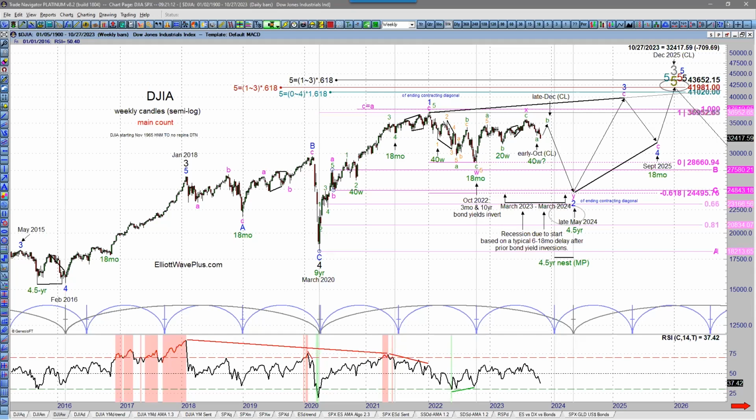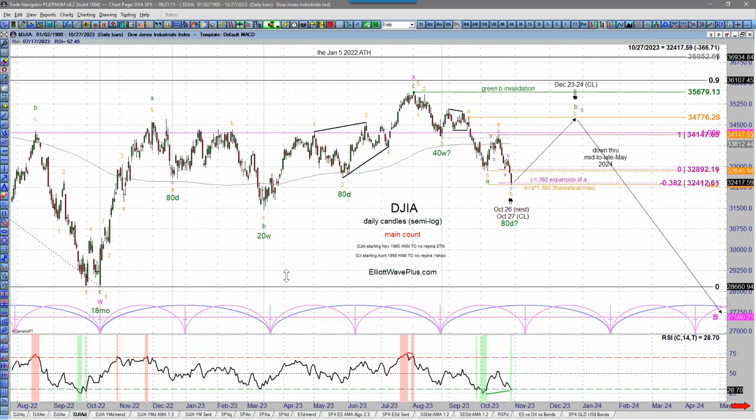On the daily chart, I'm showing some manual phasing. In other words, I'm not trusting the Hurst or Sigma Trader system implicitly. Each of these pink cycles will be an 80-day, and then two 80-day cycles make a 20-week, and that would be the blue.